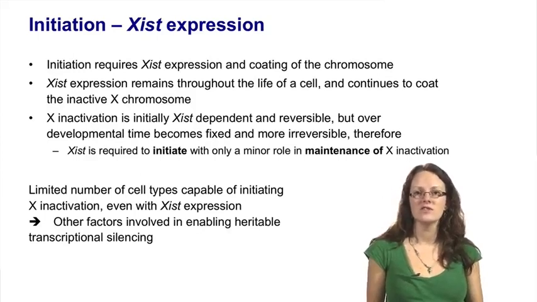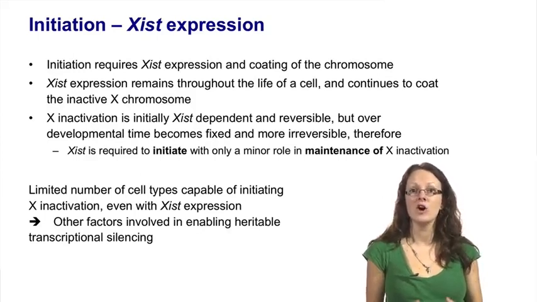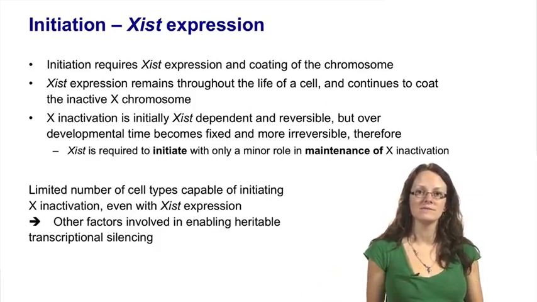And so this led researchers to postulate that there must be other competence factors, factors that are required to be found within the nucleus or found in the cell in general, before Xist can actually bring about transcriptional silencing. And so I'm going to mention some of these other factors as we come through the next few slides.